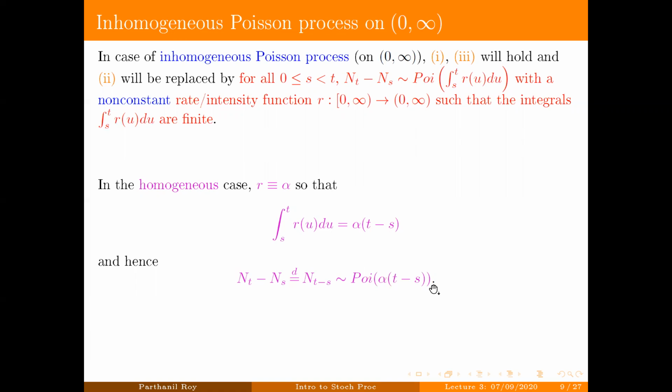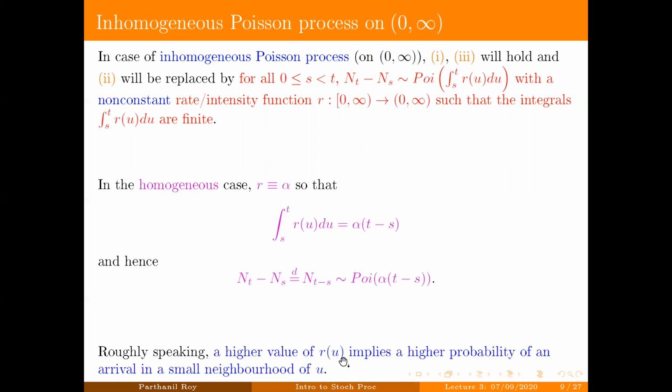Okay, and that is also the distribution of N of (t minus s), which gives the stationarity of increments in the homogeneous case. In the inhomogeneous case, however, the function r will be non-constant, and roughly speaking, a higher value of the function r(u) implies a higher probability of an arrival in a small neighborhood of u. This is just the intuition.